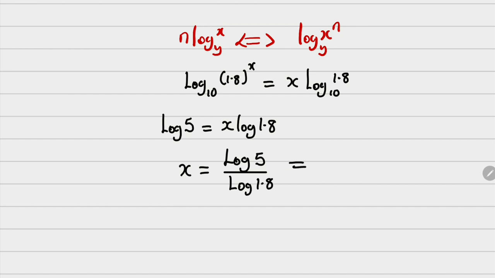Okay, using my calculator, I can get log of 5 as 0.6990 approximately, then all over log of 1.8, 0.2553.